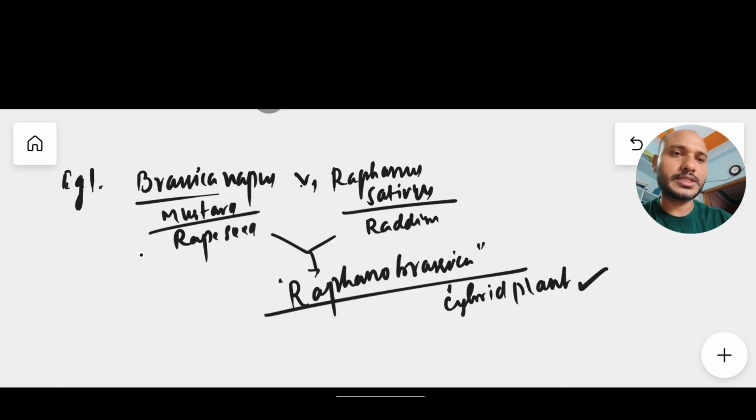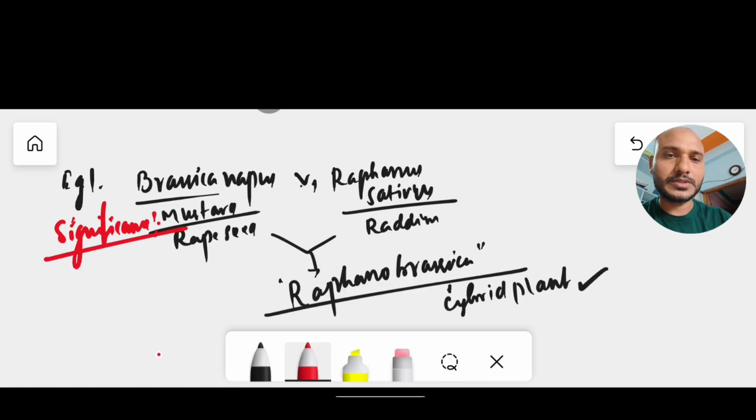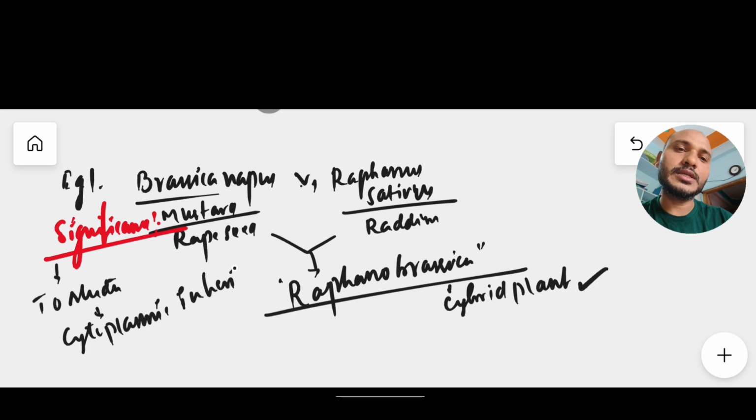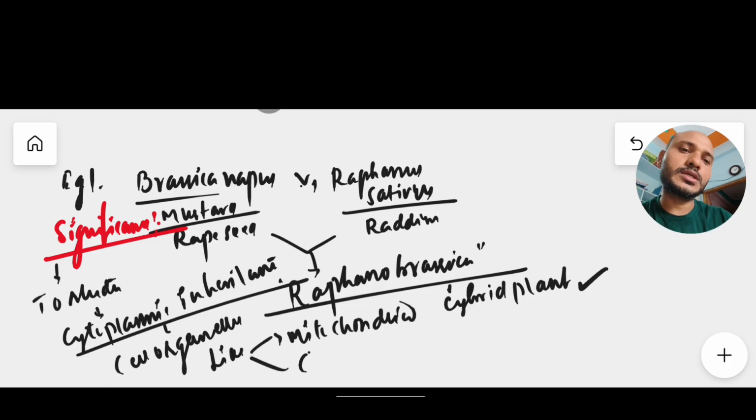Here is the significance of this hybrid process. The most important significance is that these plants help to study inheritance, very important. These plants are mostly created to study cytoplasmic inheritance. Cytoplasmic inheritance is performed by some cell organelles like mitochondria and chloroplast.